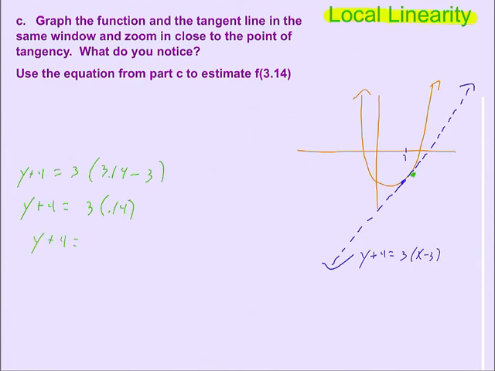Y plus 4 equals 0.42. And so y is equal to, I should really be using the approximately sign, but that's okay. Negative 3.58. So I can say that f of 3.14 is approximately negative 3.58.